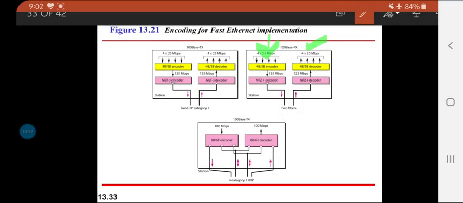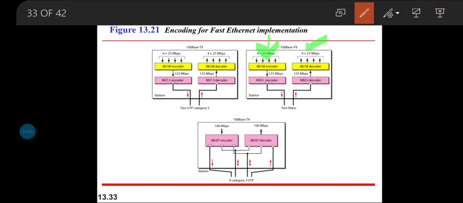In NRZ, we have a bit synchronization problem for long sequences of zeros or ones that are generated. In order to overcome this issue, the designers make use of these block encoder and decoder blocks.